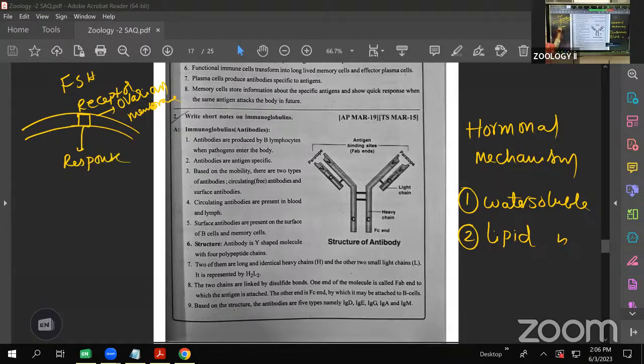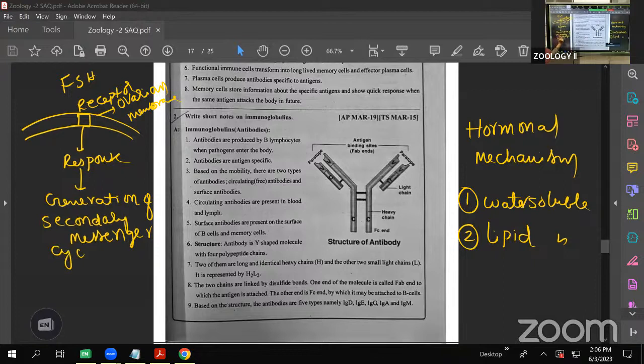After the response, there is generation of secondary messengers. Which secondary messengers are formed? They are cyclic AMP or calcium ions. Both of them act as secondary messengers.